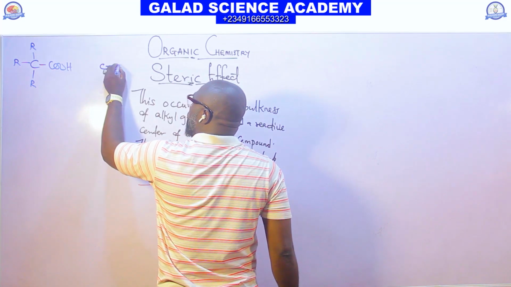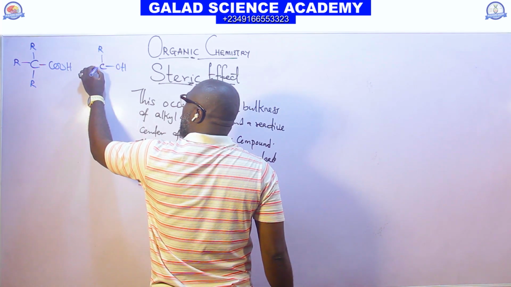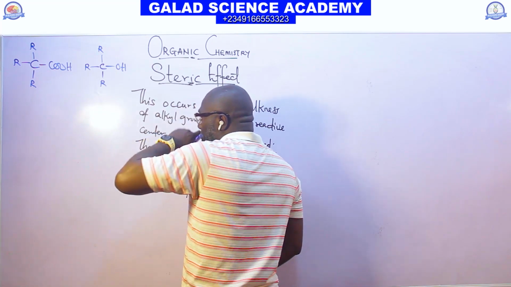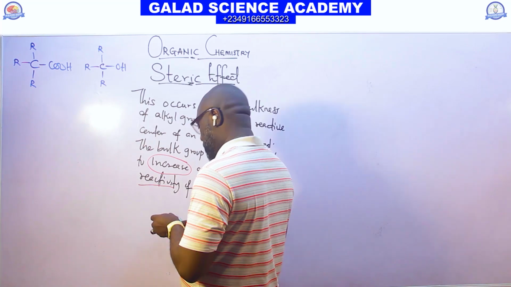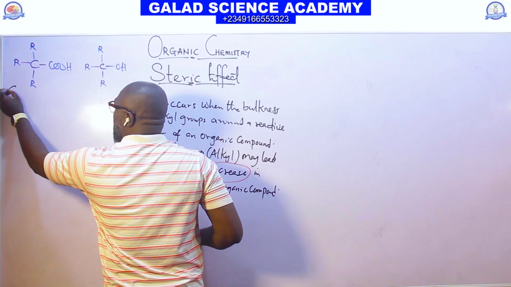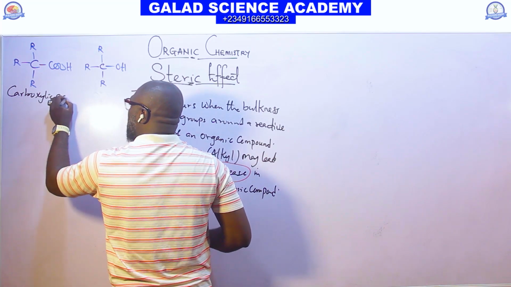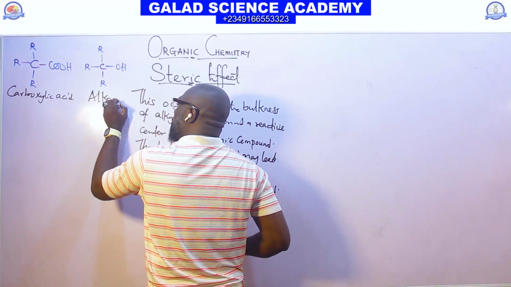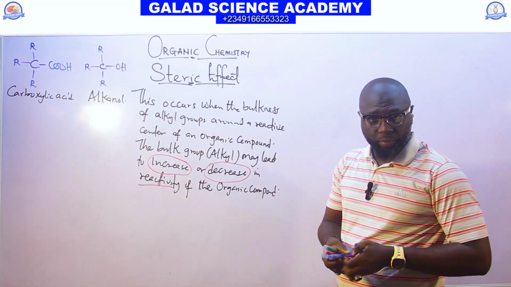Compare to if you have a carbon with OH, R, R, R. Look at the two of them. They are different though. This compound is a carboxylic acid. This one is an alkanol.